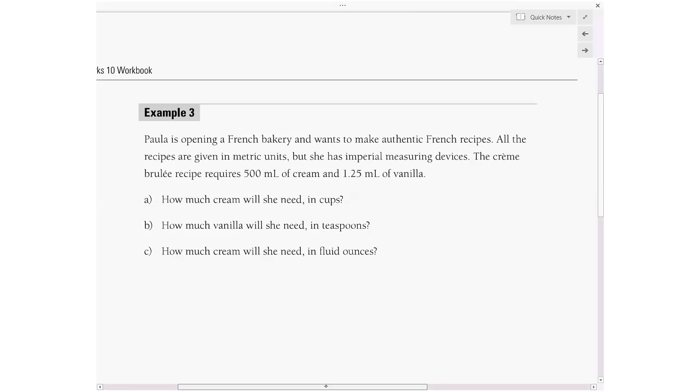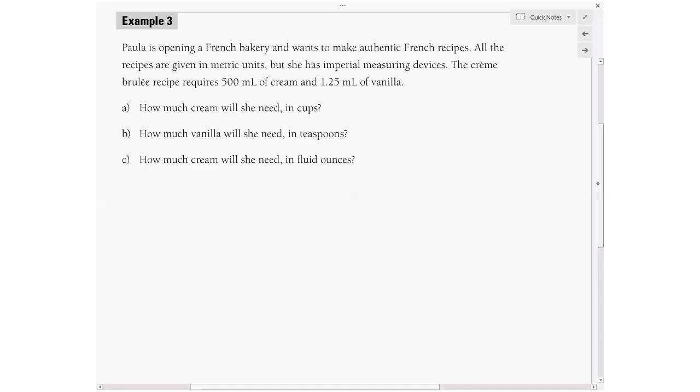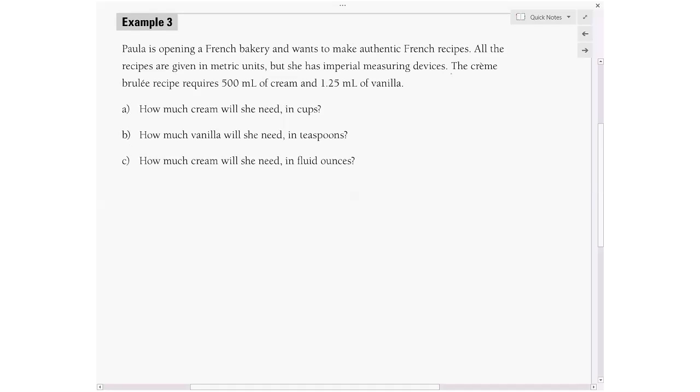Okay, so in example 3, we've got Paula opening a French bakery, and she wants to make authentic French recipes. All the recipes are in metric units, but she has imperial measuring devices. The creme brulee recipe requires 500 milliliters of cream and 1.25 milliliters of vanilla. So how much cream will she need in cups?